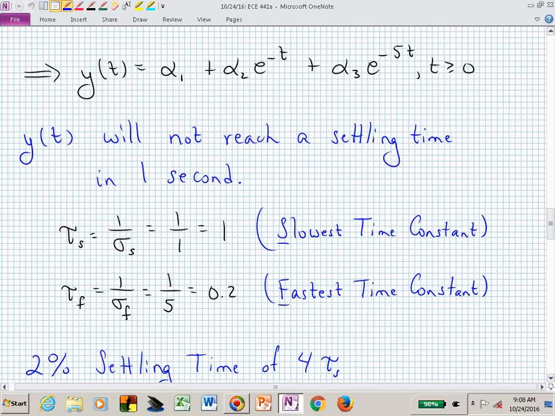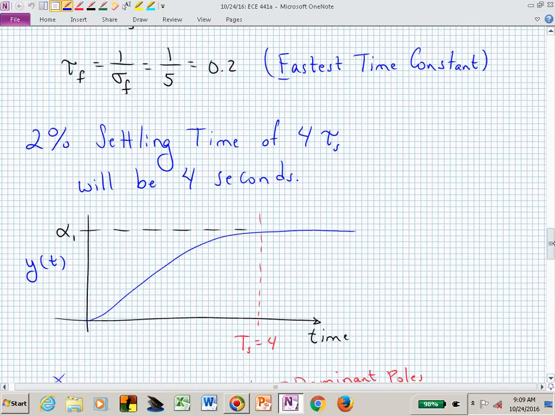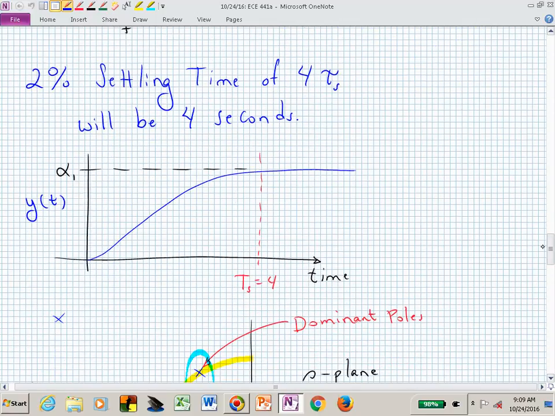That's our slowest time constant. We really have 2 time constants that play together in this system. We have 2 poles, and the fastest time constant is 200 milliseconds, or 0.2 seconds, and 4 of those give you a 0.8-second response.